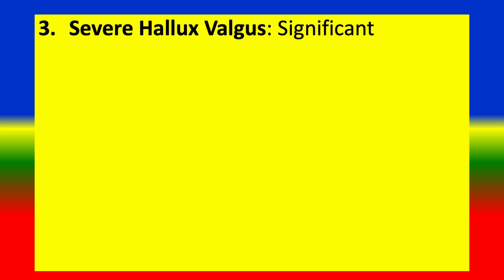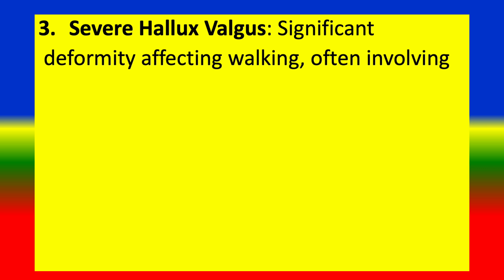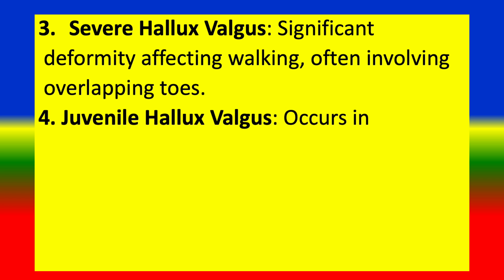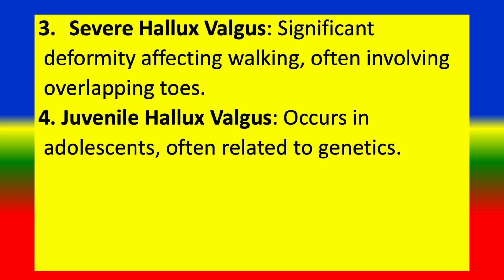Severe hallux valgus, significant deformity affecting walking, often involving overlapping toes. 4. Juvenile hallux valgus occurs in adolescence, often related to genetics.